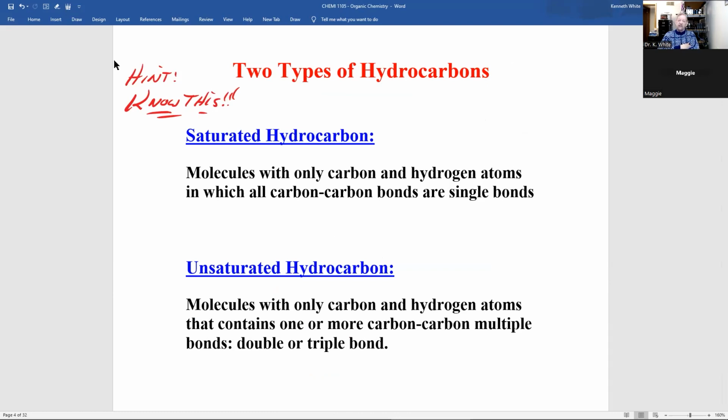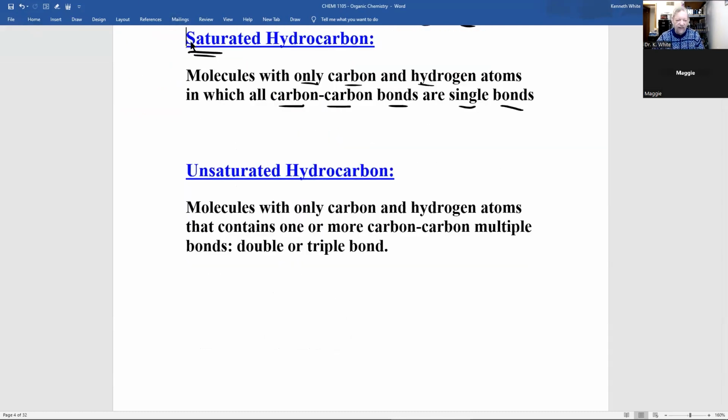Because it's a hydrocarbon, it's a molecule with only carbon and hydrogen atoms. And because it's a saturated hydrocarbon, all carbon-carbon bonds are single bonds. And you know that's one pair of electrons being shown. And we show a single bond in organic chemistry by a line between two carbons. That line is a pair of electrons.